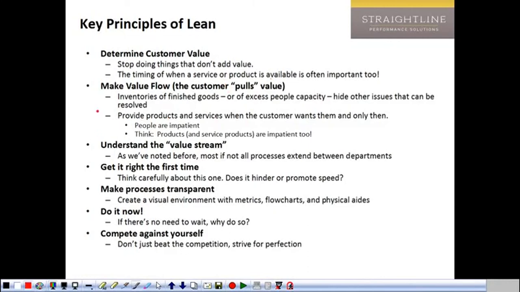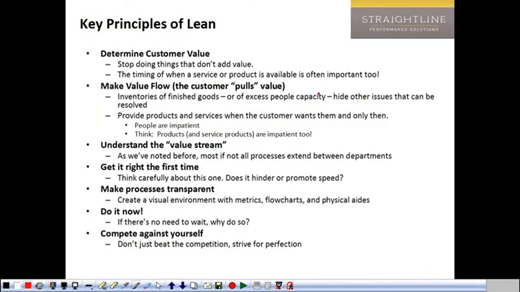Making the value flow, we'll want to talk a little bit about that, but that is one thing that is a little different with respect to Six Sigma and lean. Flow is a much more prevalent concept in lean, and I like to think about it this way.